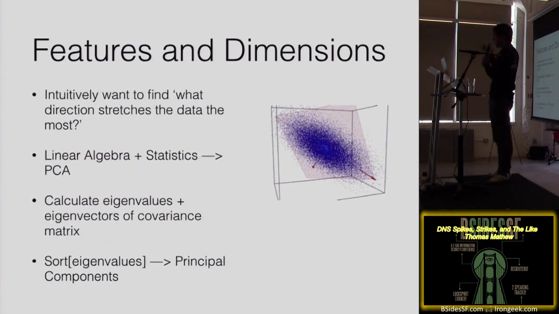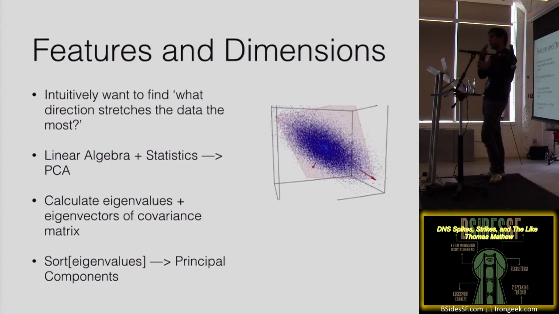There's this technique called principal component analysis, and we don't need to go over the actual details, but the general idea is we assume that our data is some sort of cloud. And we know that the most important features are going to create the most stretch in the data, because they're what's drawing the data towards them.